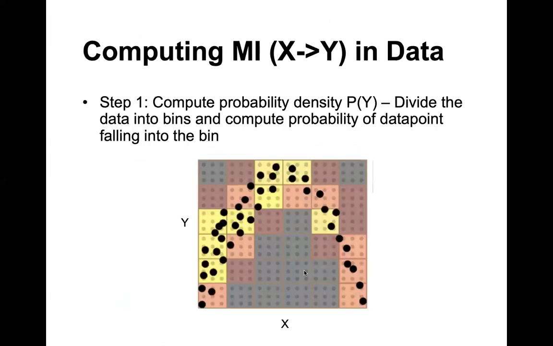To compute mutual information in actual data, you would take the overall range of y amongst all your cells or data sets, and then divide it evenly into a certain number of bins. You can decide the number of bins, and then you would do the same with x, and now you have these little squares that are xy bins, and you can recompute the entropy in each of these columns.